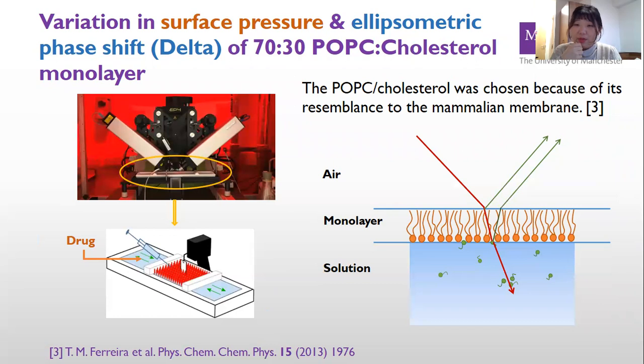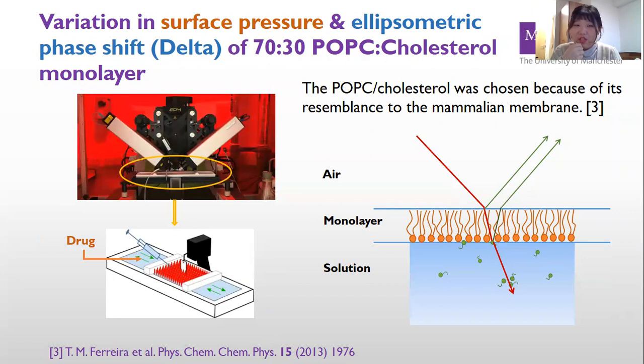The trough is filled with subphase, where lipids are spread on top, and we compress the two barriers to make the surface pressure in the monolayer close to the surface pressure in a cell membrane. And then we inject the drug into the subphase to interact with the monolayer.